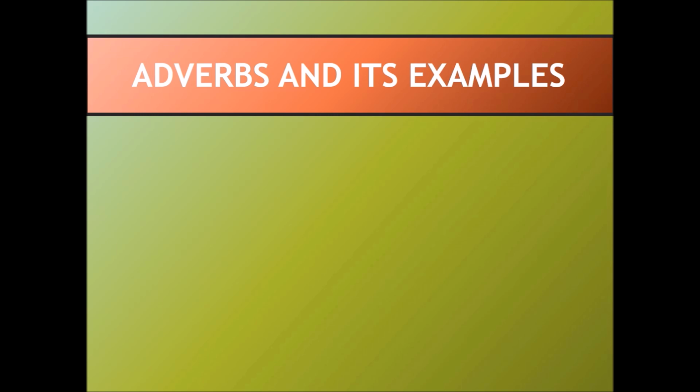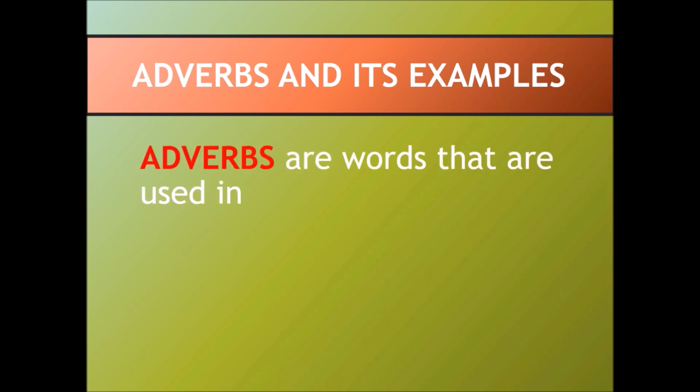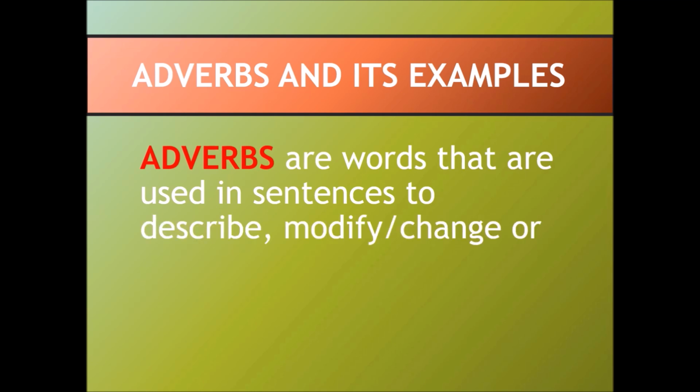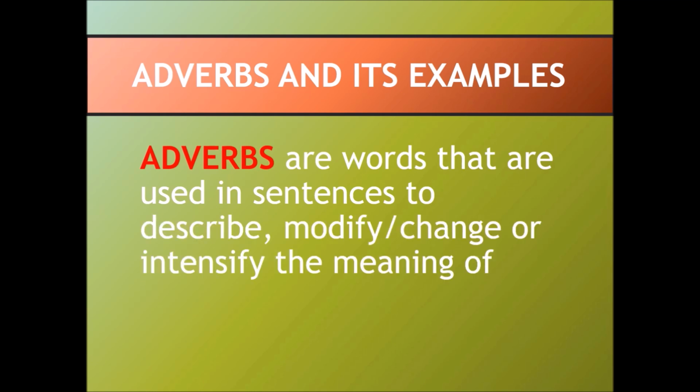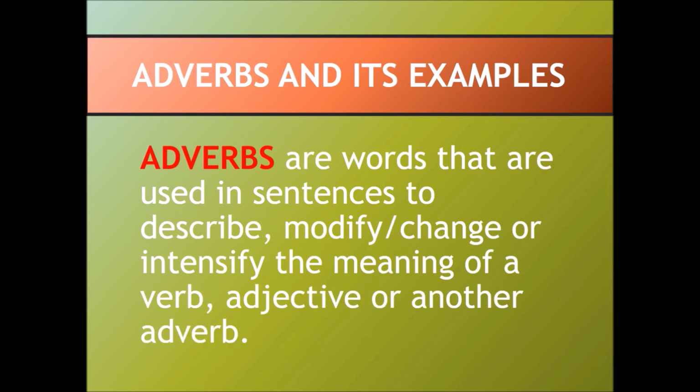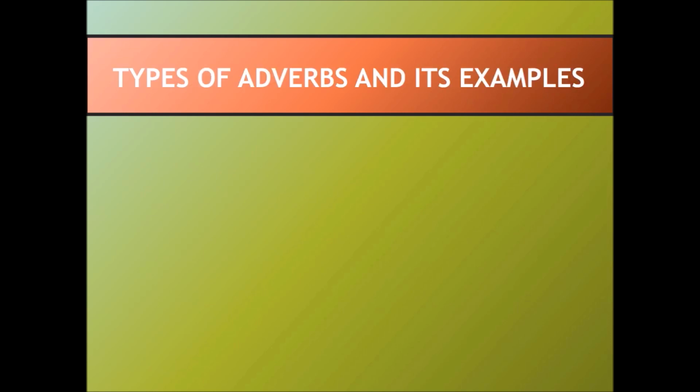We now move to the fourth or last category of the major content words, the adverbs. Adverbs are words that are used in sentences to describe, modify, change, or intensify the meaning of a verb, adjective, or another adverb. Types of adverbs and their examples.